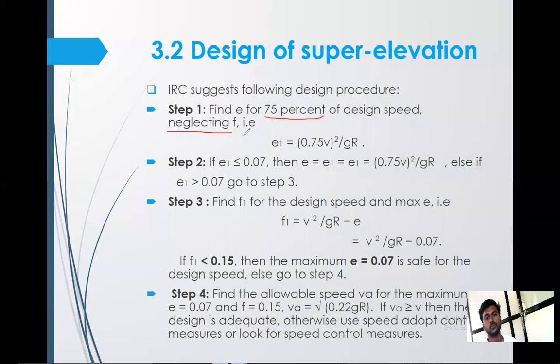75% and neglecting F means F is 0. Underline these words which I have underlined. Make it bold. And whenever you are underlining, underline with a different color of pen, so that you will easily understand whenever you are studying that part.